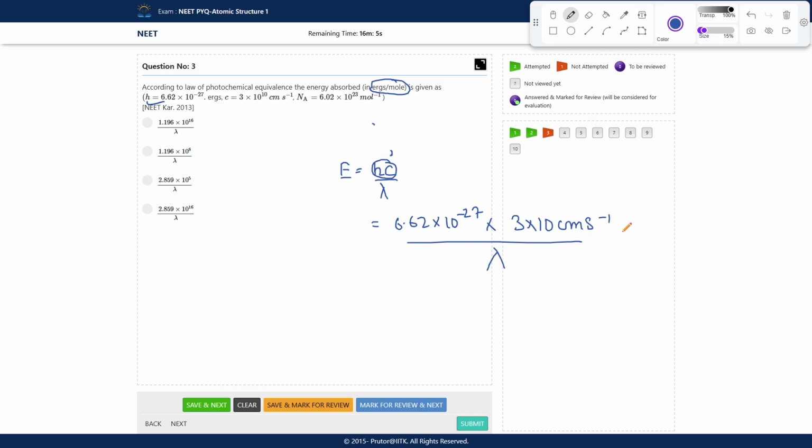Now for 1 mole, we will divide with this, 1 by Na. Just do this calculation and you will get your answer. So 6.62 multiplied by 3 will give you 1196, approximately. So whether it will be 16 or 8, it will be 8, I guess. Okay, so you can calculate by yourself.